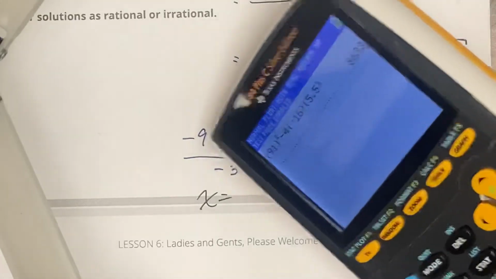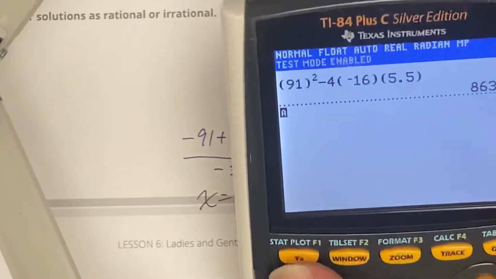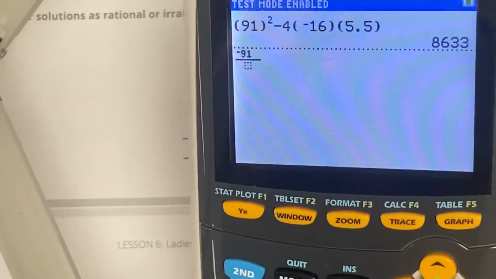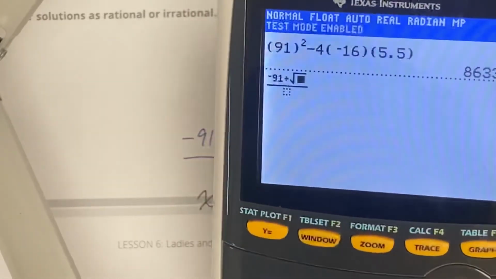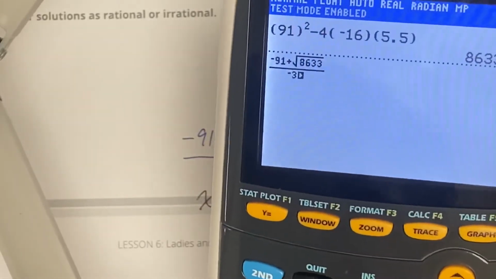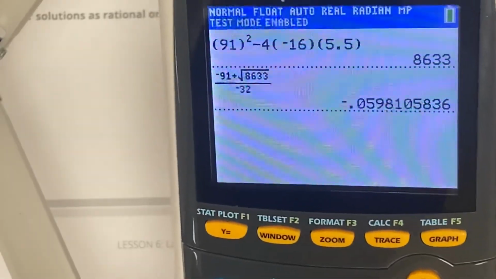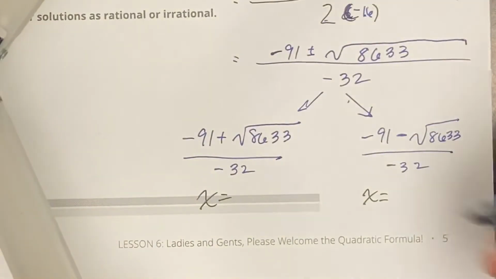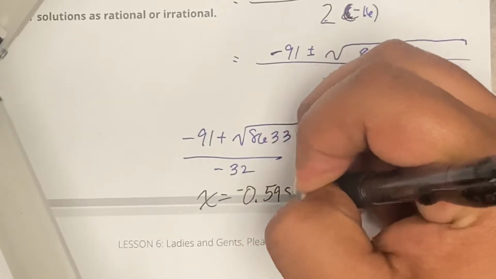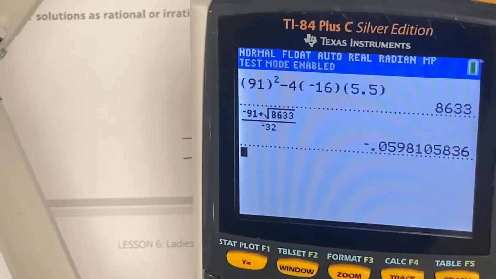Of course, all we got to do is put this in the calculator. You can do it just like this. Remember, alpha y equals, enter negative 91 plus the square root of 8,633 over negative 32. Enter. Negative 0.0598. Basically 0.06, but we'll leave it like that.